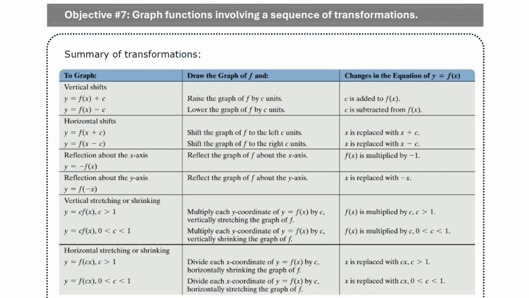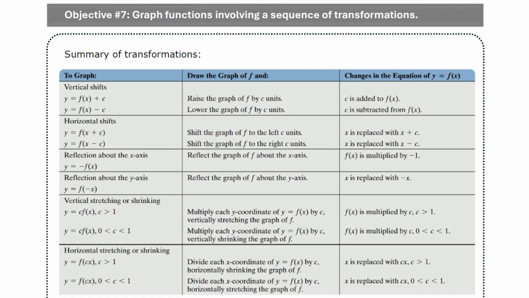Therefore, on the graph, we're going to raise the graph up by c units. Or for vertical stretching, we have y equals c times f of x. So this would mean that f of x is being multiplied by c. And on the graph, we would multiply each y coordinate by c, which will cause a vertical stretch of the graph of f.